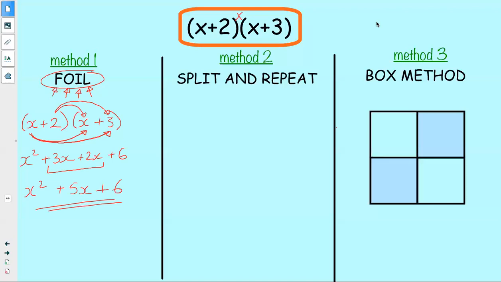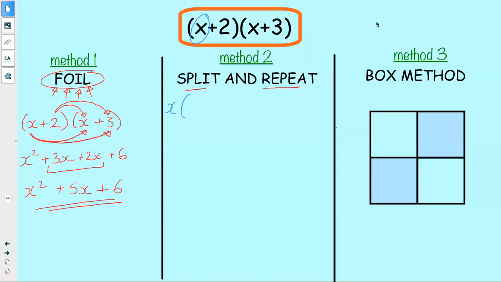So we're going to use the same question for each one. So method 2, split and repeat. So it's exactly that. You are going to split up the first bracket and you are going to repeat that second bracket. So this is what I mean. I'm going to take the first term of the first bracket here, which is x.